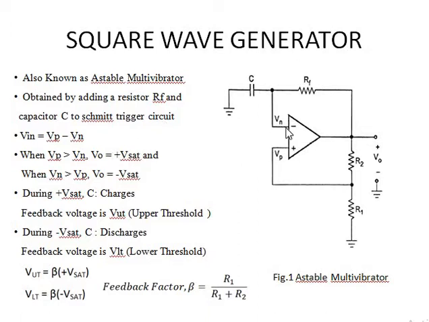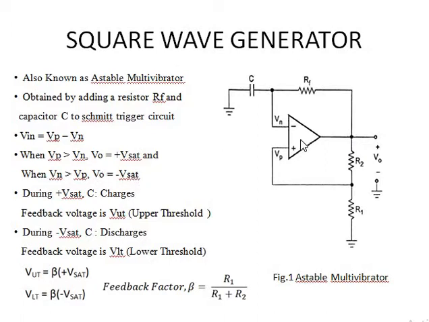Similarly, when Vn becomes greater than Vp, then output will switch to its negative stable state or negative Vsat.